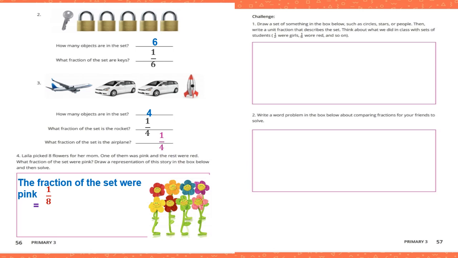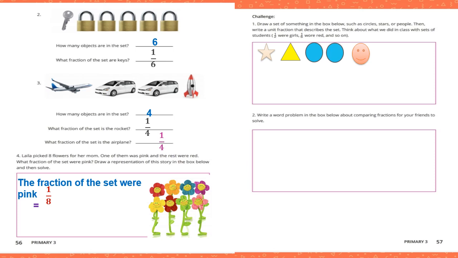Let's move to the challenge part. Draw a set of something in the box, such as circles, stars, people. Then write a unit fraction that describes the set. Okay, so here we have some stars and some other shapes.